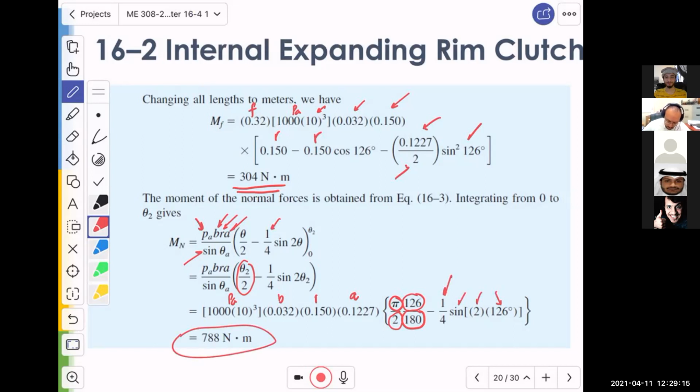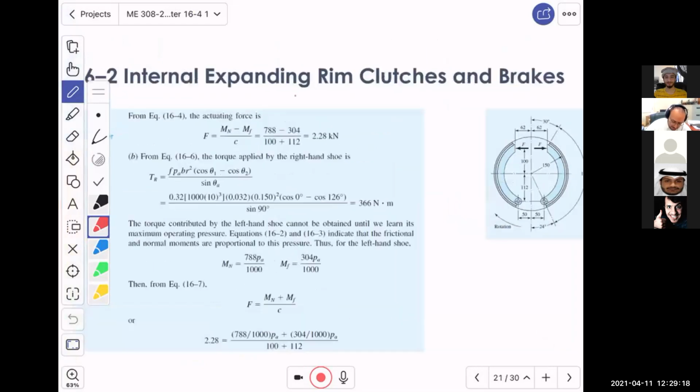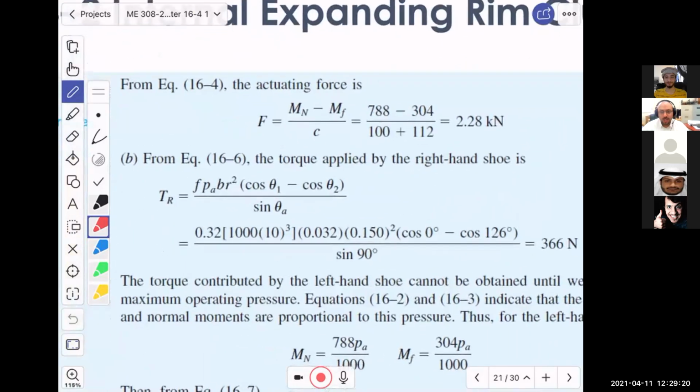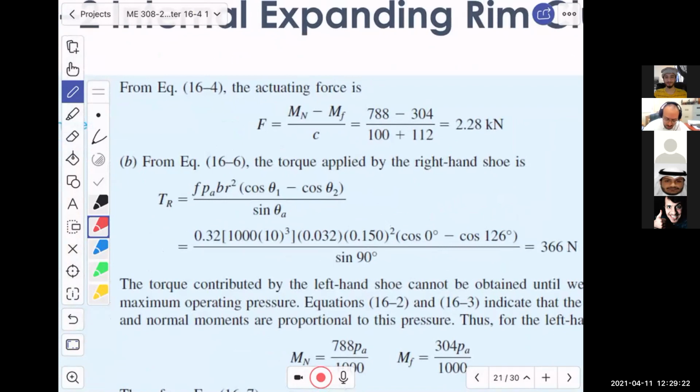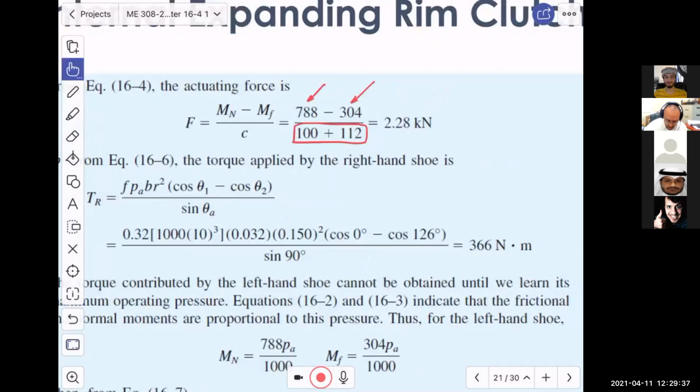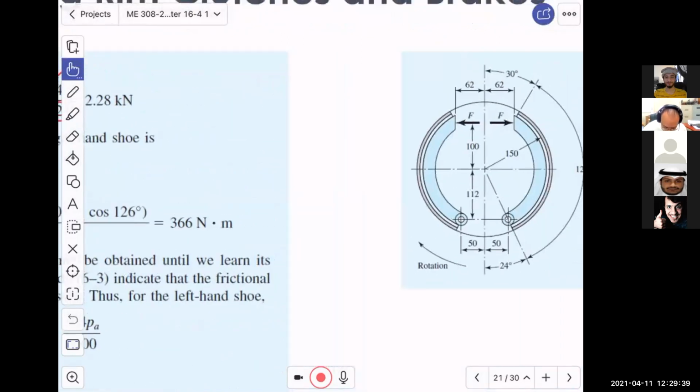So now we go there and we say the actuating force is how much? 788 minus 304, divided by, remember, we add the 100 plus the 112.